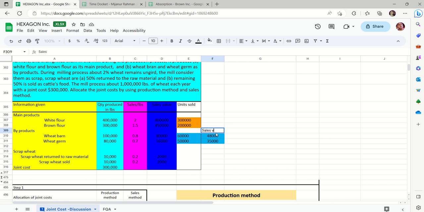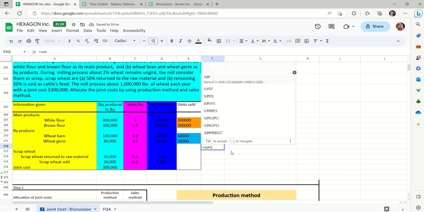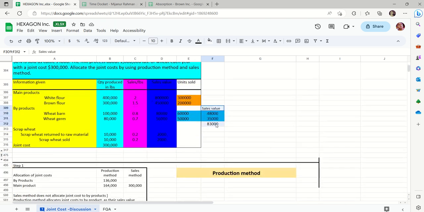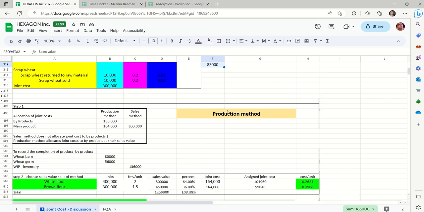Total sales. Okay. So total sales value is right there. We just sum this up. So it says sum these two sales over here, right there. That would give us 83,000 in total sales value of the byproduct.